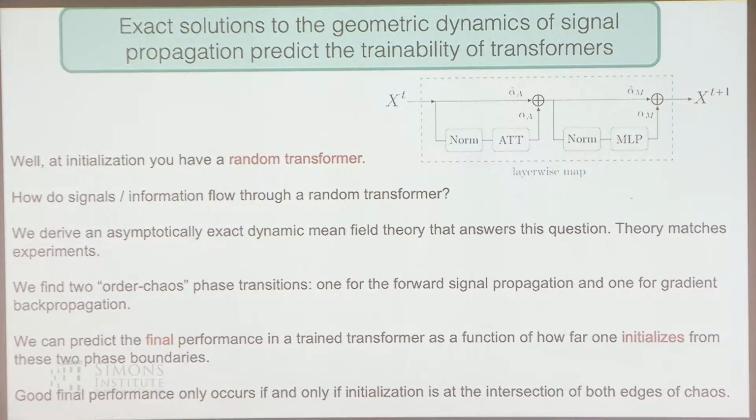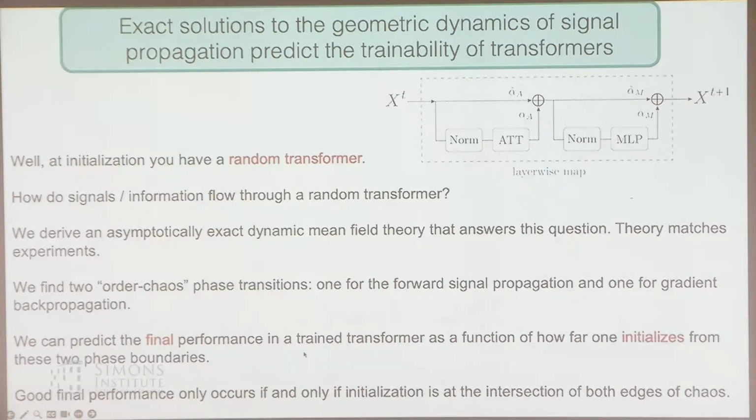Again, at a very high level, summarizing what I'm going to talk about, we find two different order-chaos phase transitions in the signal propagation through the transformer: one for the forward propagation of tokens as they propagate through many transformer layers, and one for gradient backpropagation.